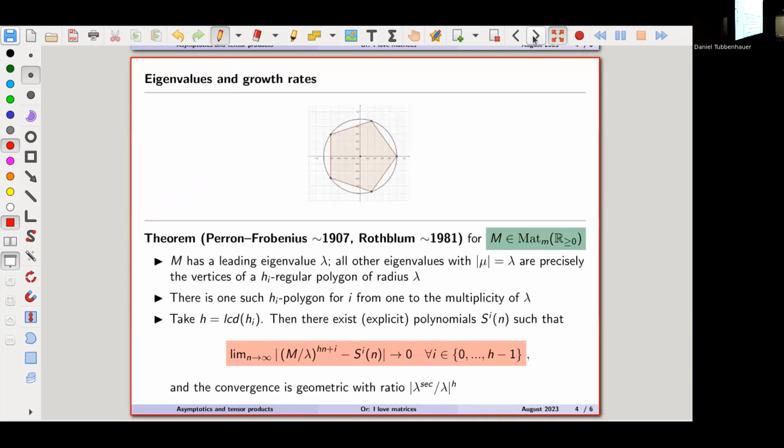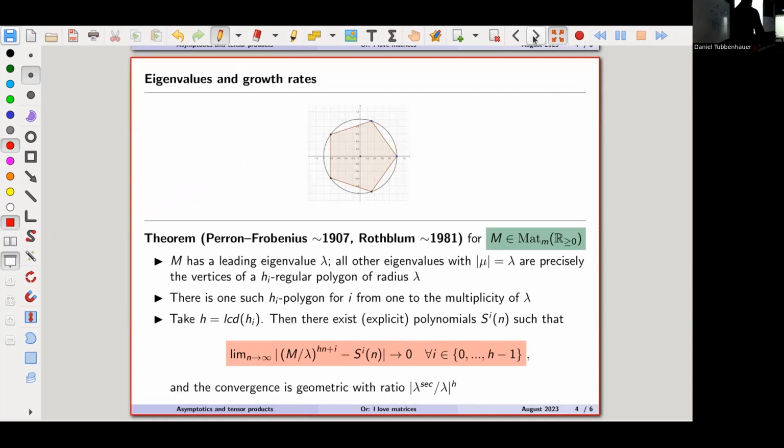The most general form I found is due to Rothblum in the 80s, but essentially is the following. I have no restriction on the matrix at all. That's why I can work with this generality, except that it has non-negative entries. It has a leading eigenvalue. And all other eigenvalues are around the polygon, around my leading eigenvalue.